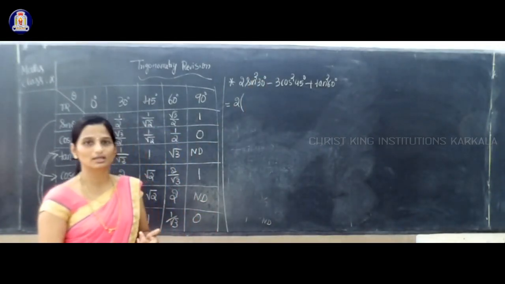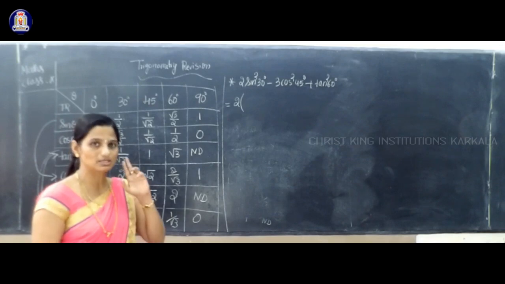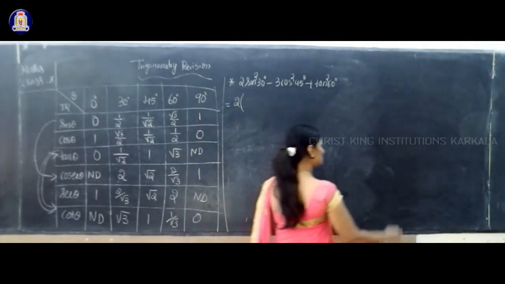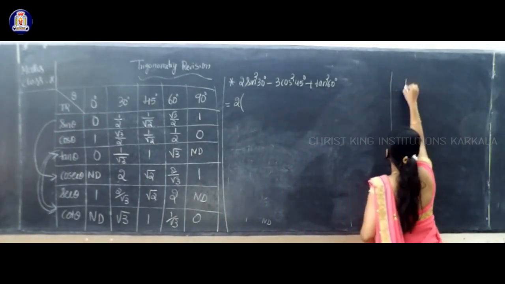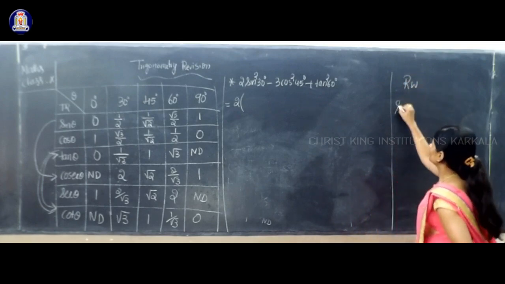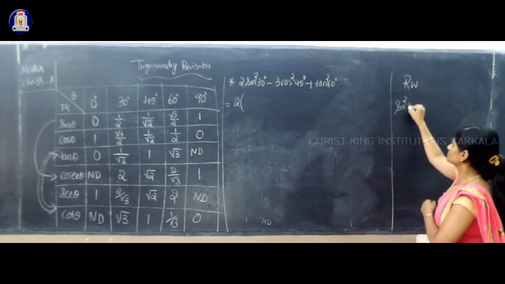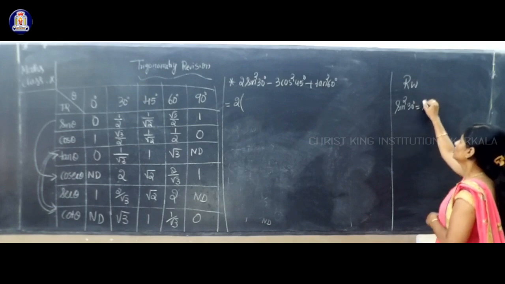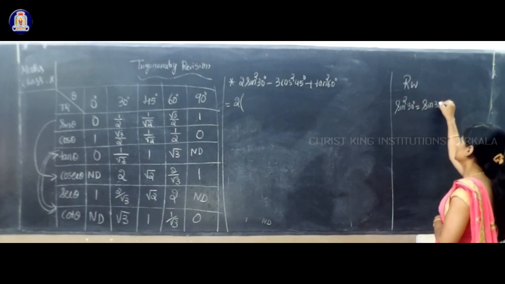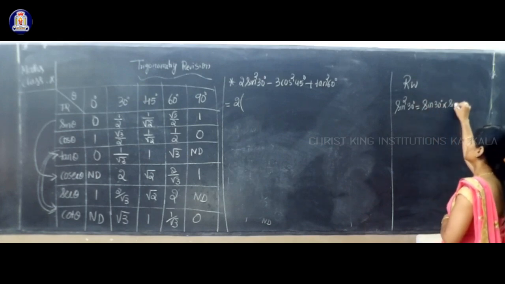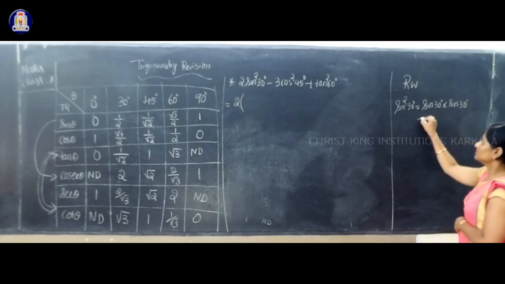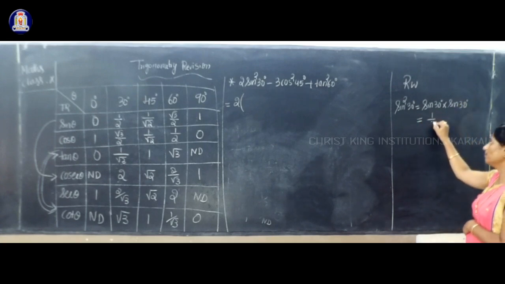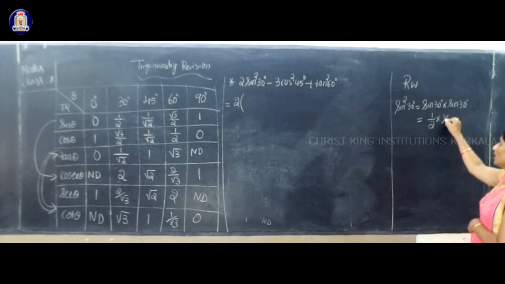Sin square 30 degree means sin is repeated how much? It is 2 times. So sin square 30 degree we can write as sin 30 degree into sin 30 degree, right? What is the value of sin 30? It is 1 by 2 into 1 by 2.